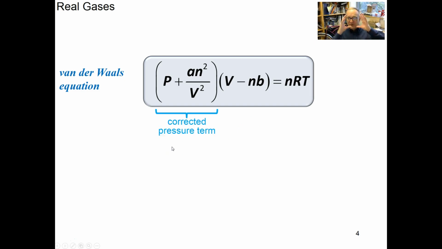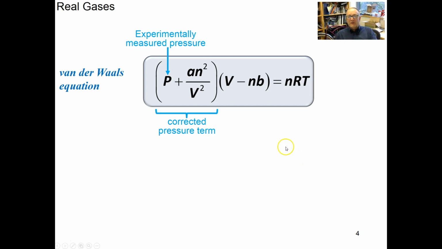The first parenthetical portion of this equation corrects for the pressure. So we've got an experimentally measured pressure, and we're adding in a correction factor, this a n squared over V squared, which takes into account the attractive forces of molecules.